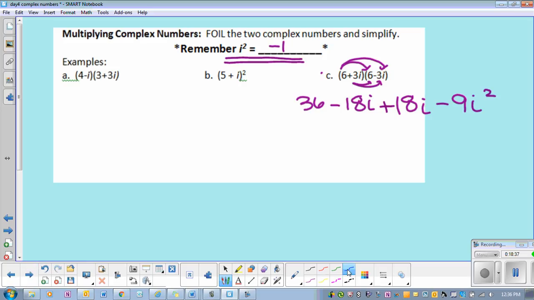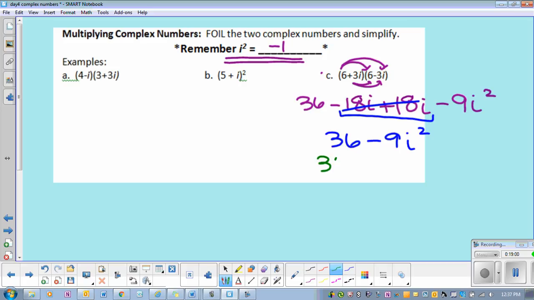So then we get to rewrite this with a negative. Combine like terms: what is negative 18i plus 18i? 0. So now you have 36 minus 9i squared. But hold on, what did I tell you i squared is? Negative 1.